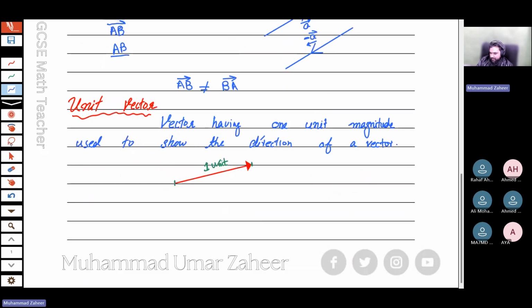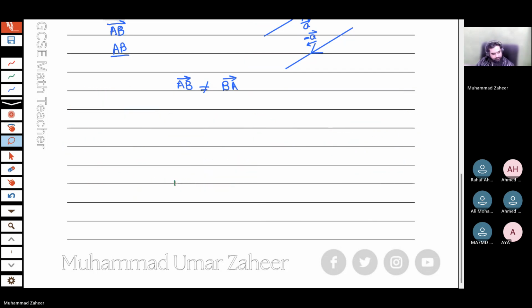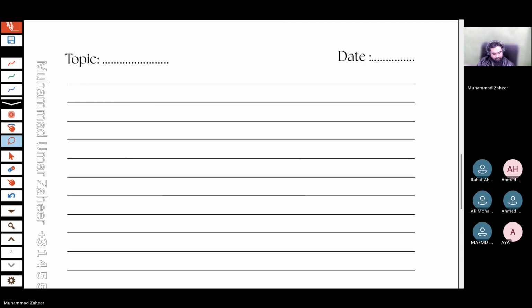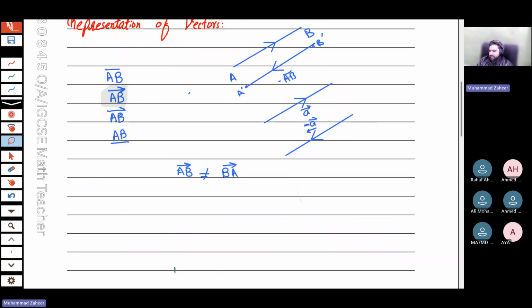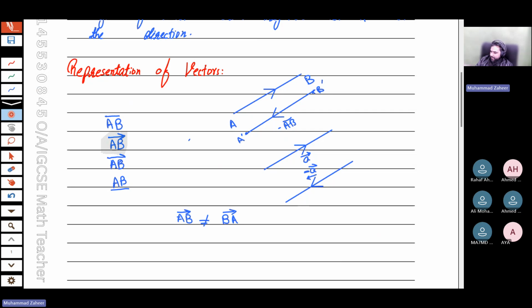Okay, let me take it down. In the representation, I told you if you have a vector, the length of the vector shows the magnitude and the arrow sign shows the direction, and these are the different notations that we have to use to show the vector.